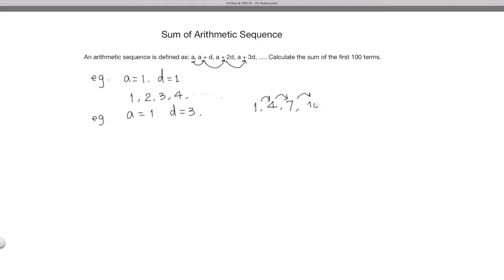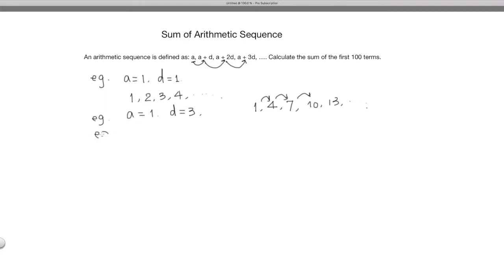So 10, 13, which is the sequence that we talked about in the last lecture about the sum of a special arithmetic sequence. And we don't have to limit ourselves to a and d both being positive integers.